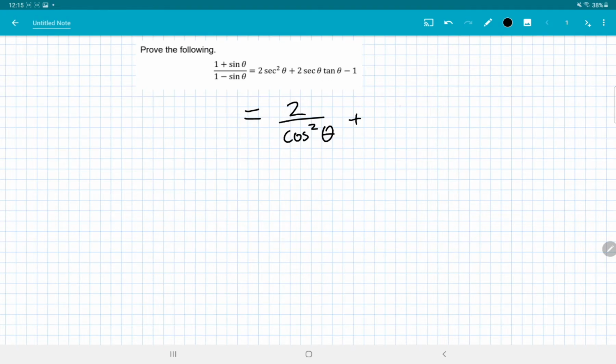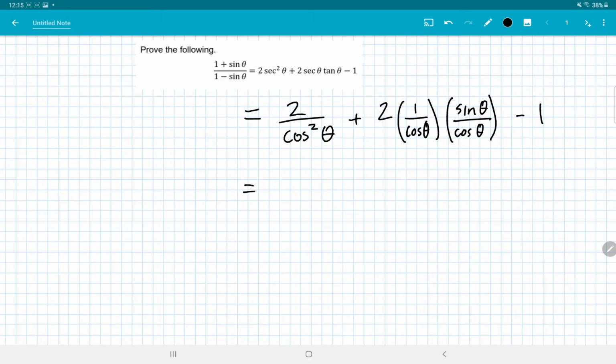Well, we have 3 parts there, so let's write each one. 2 secant, we said, is 1 over cos theta, right? And tan is sine theta over cos theta, all right? And then the minus 1 we don't touch, okay?